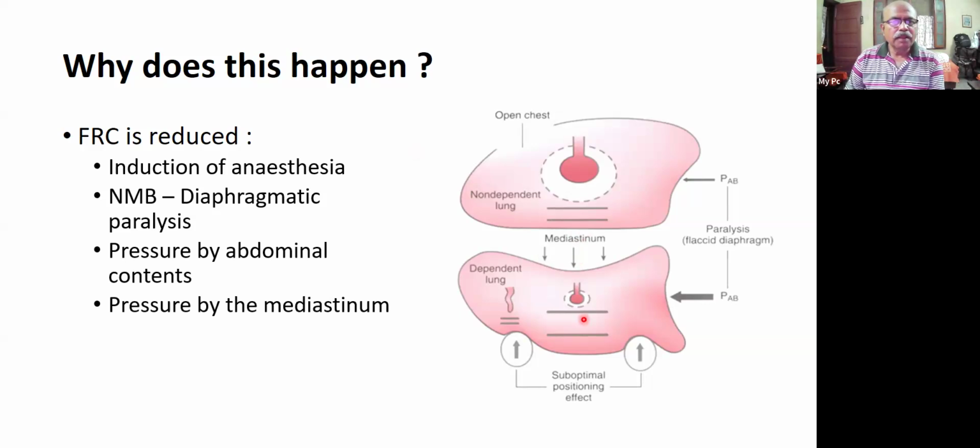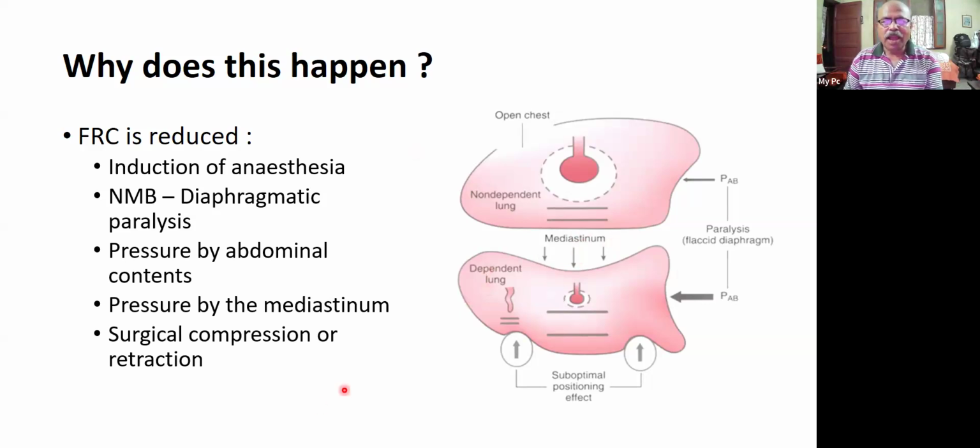The surgical compression or retraction that is part and parcel of surgery, and in open thorax surgery, you have to keep an eye on the hands of the assistant and the surgeon also, and keep on reminding them, please do not give so much compression over the lungs.